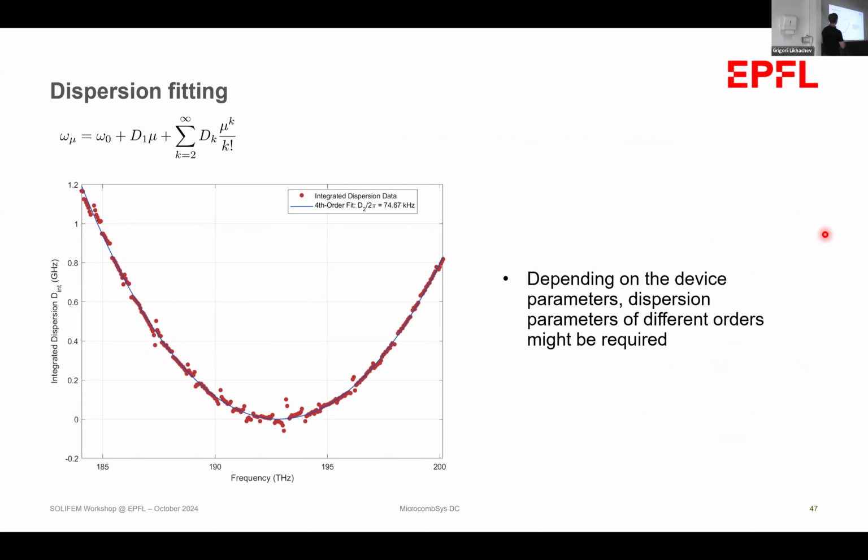This is a typical plot that shows what the integrated dispersion looks like. This data can tell you a lot. First of all, you can identify the D2 coefficient, which is probably one of the most important parameters of any integrated cavity.